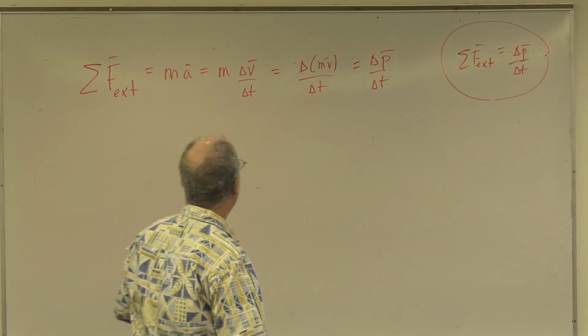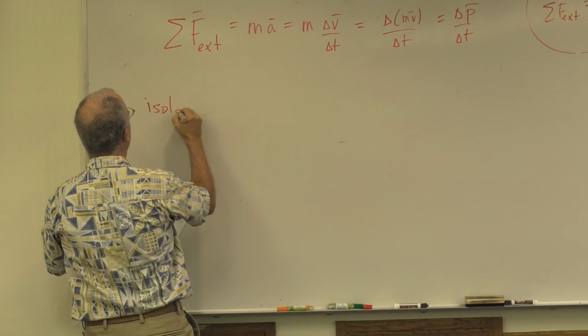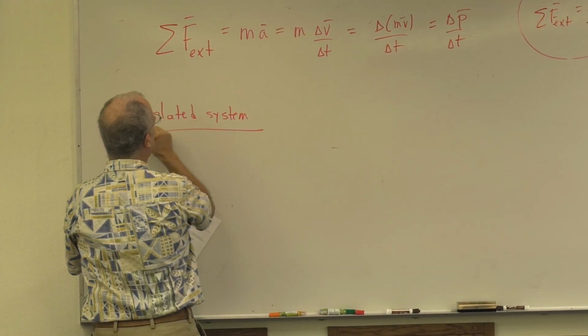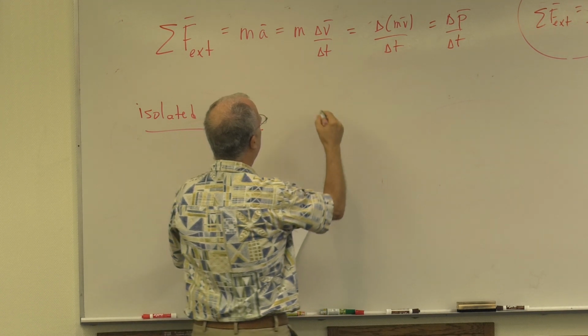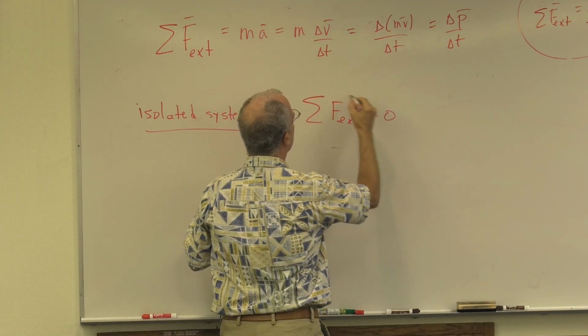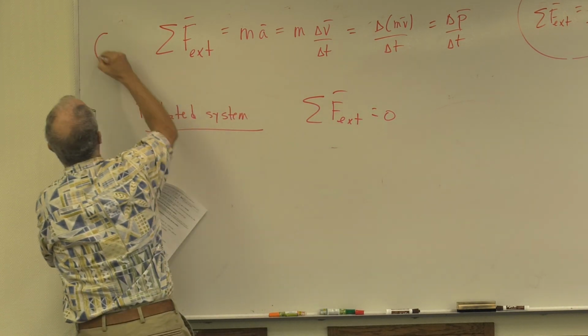All right. Now, let's say we have an isolated system. Well, what's that mean? We've talked about that before. It just means that the sum of the external forces is 0. That's all. So that means that this is 0.